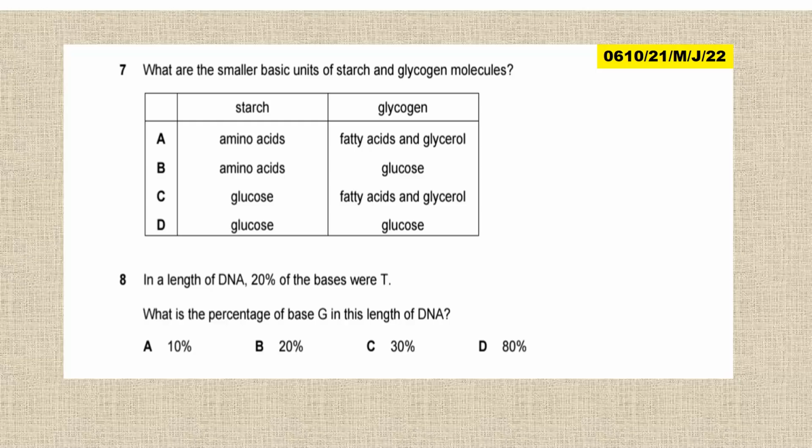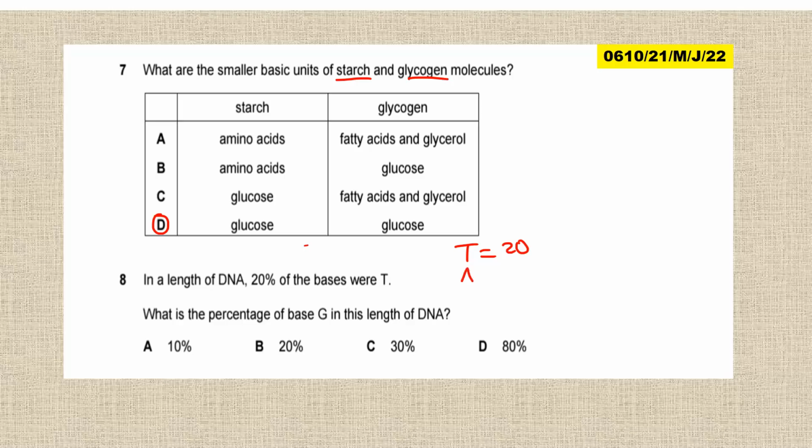This is paper 2, variant 1, May-June 2022. What are the basic units of starch and glycogen? Starch and glycogen are made up of glucose. So we should find glucose, glucose. So the answer is D. In a length of DNA, 20% of the bases were T. So T is 20%.